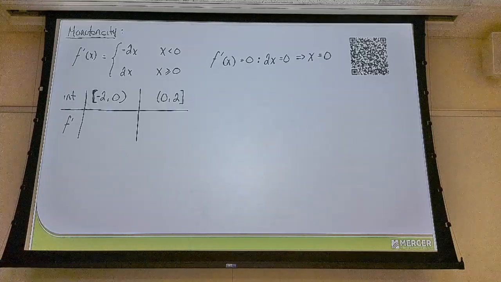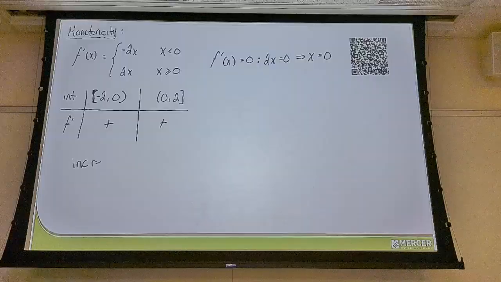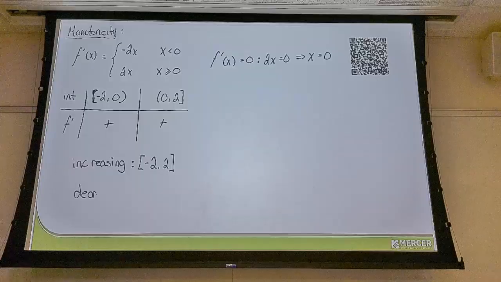Take -1. So f prime is positive. F prime of 1, positive. Where are we increasing? Both. So what is it? -2 to 2, close bracket.